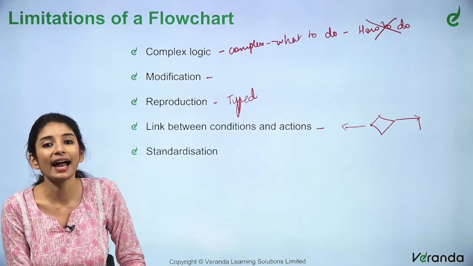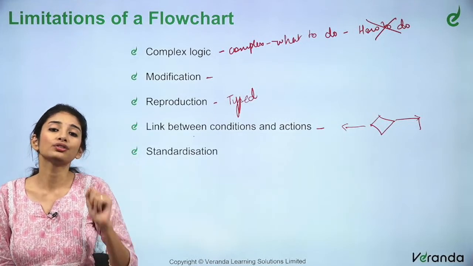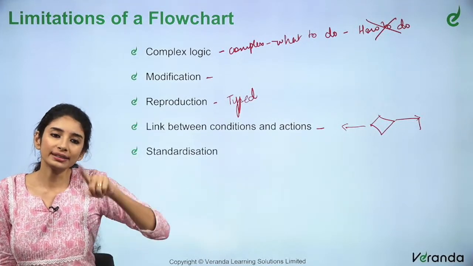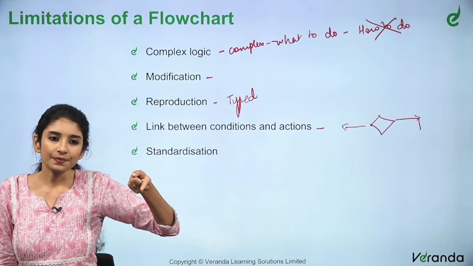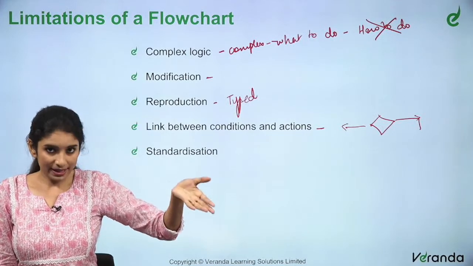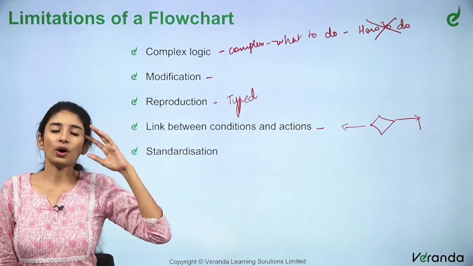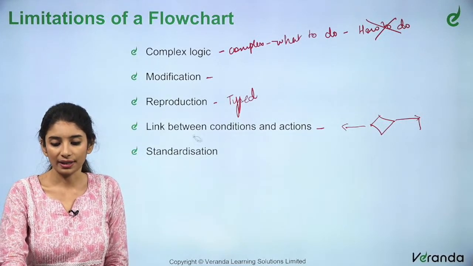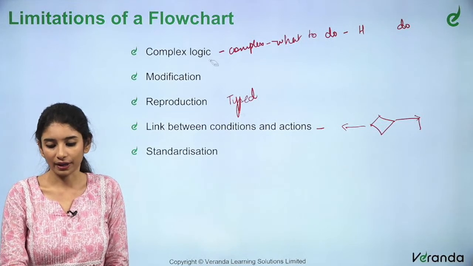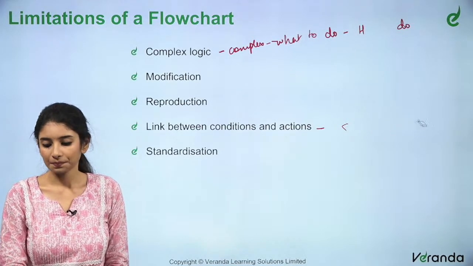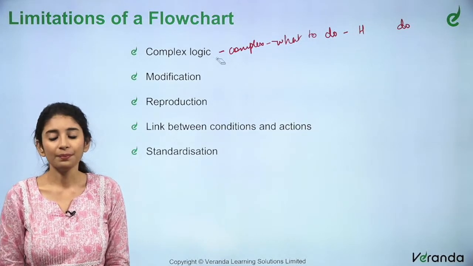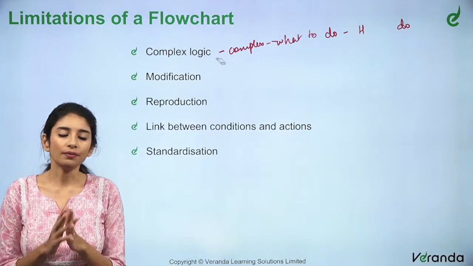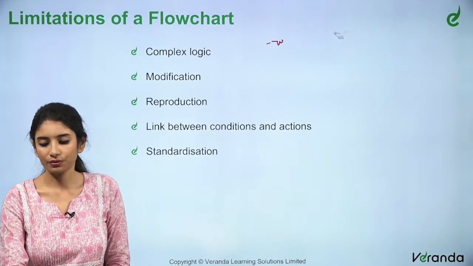And finally, it is standardization. When I ask you to draw a flowchart, will your flowchart be the same as the flowchart of a friend? No, because we all use different kinds of diagrams for flowcharts. So standardization is very difficult. Clear? Very easy. Now tell me the limitations of a flowchart, all of you.